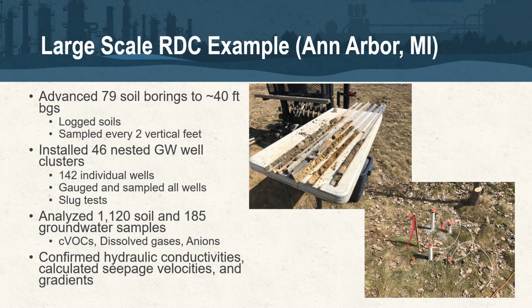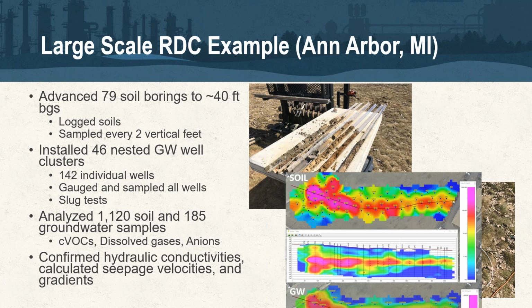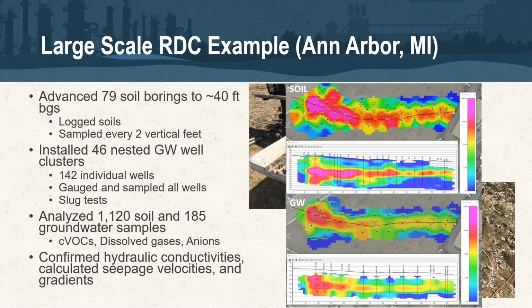Almost 80 soil borings were advanced, over 1,100 soil samples collected, and 46 nested groundwater clusters were installed as well, with 142 individual wells. All of that soil and groundwater was sent to the RPI lab, and it was all run at no cost to the project. And they were able to generate these heat maps here for soil and groundwater based on this information.